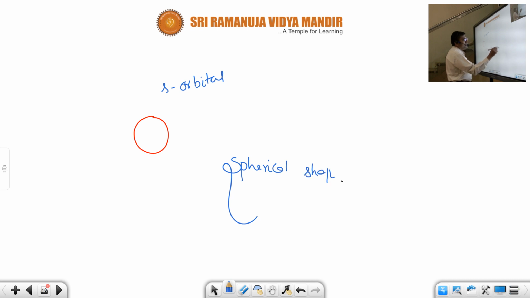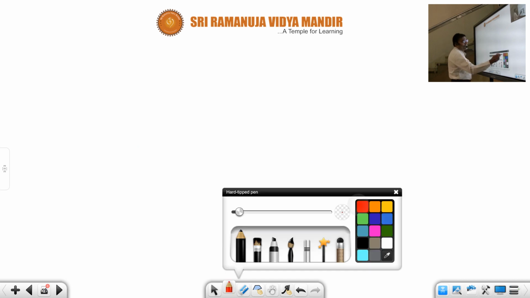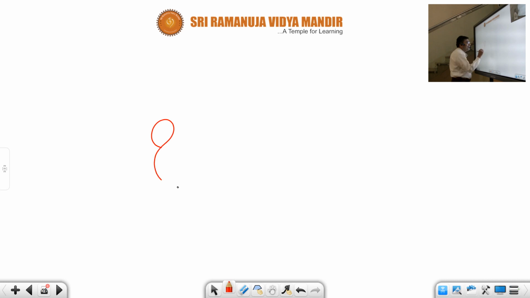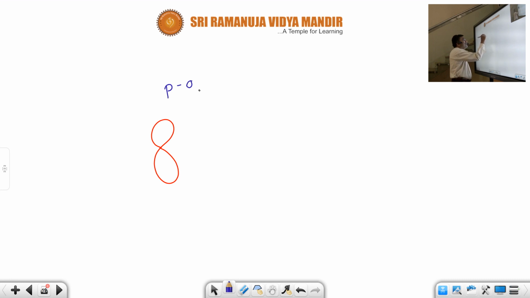Similarly, you have another orbital called the p orbital. You can see clearly here that the p orbital is dumbbell shaped. It looks like a dumbbell.